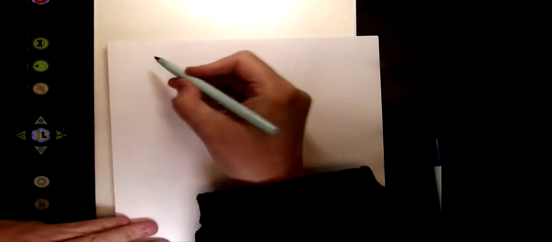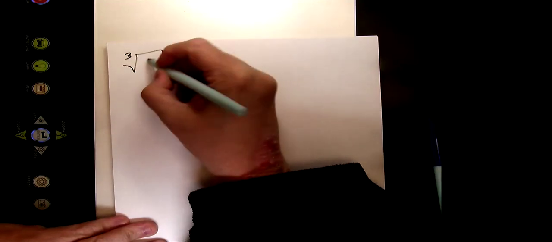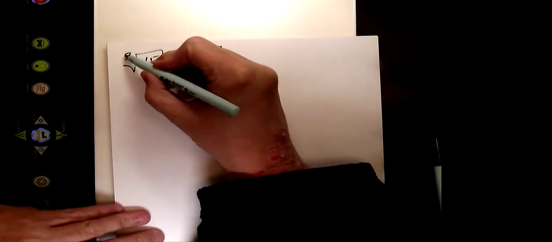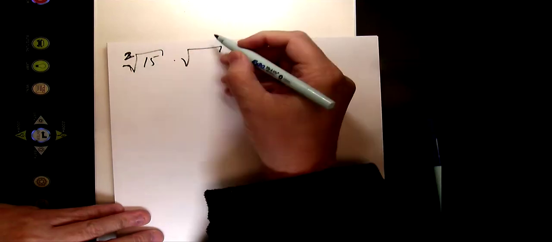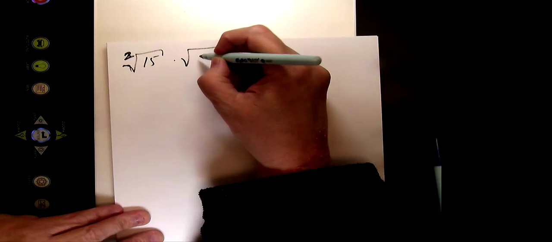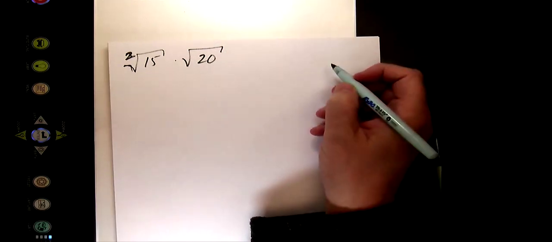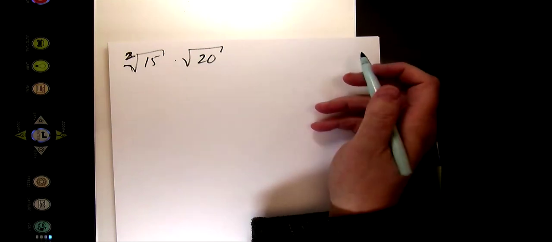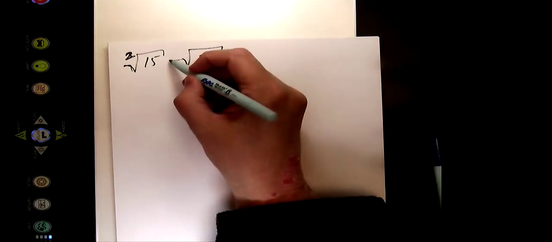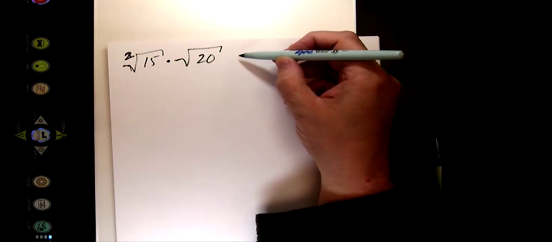How does this help us when we're doing something like the square root of 15 times the square root of 20? Remember we said they multiply together.